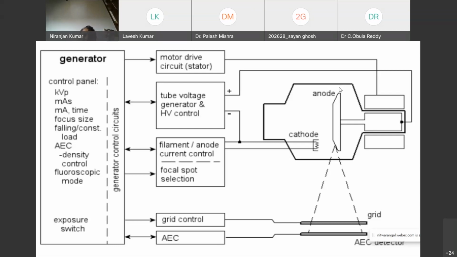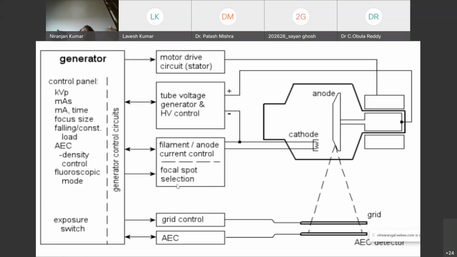Sometimes we also have multiple filaments. For example, if I need only a small power, I can reduce the focal spot size so that I will get better imaging. That is called the small filament. But if I need a very large power, I cannot manage even with rotation, so I will increase the focal spot size.